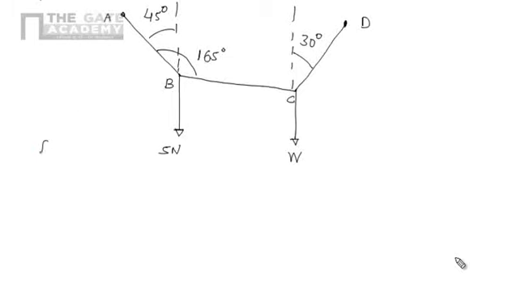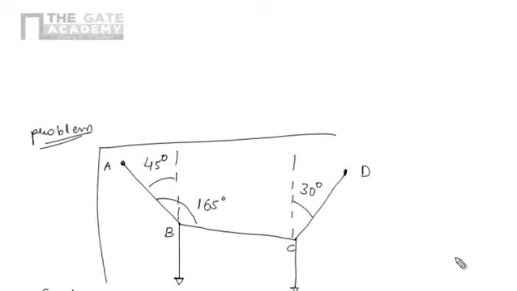Now we have to find W. So for this problem our objective is to find W. If we see the diagram here, the string is ABCD and this string is in equilibrium, because the forces are acting on the string and the string is at rest.